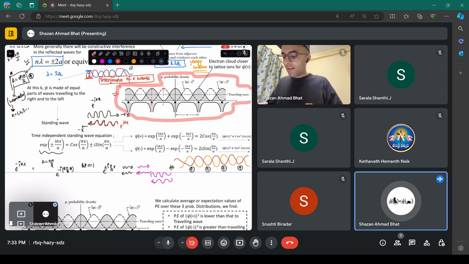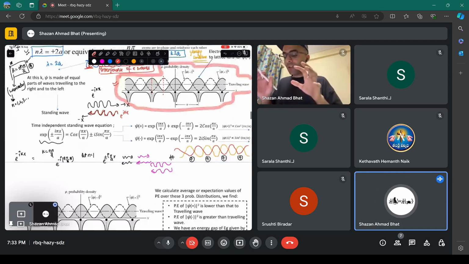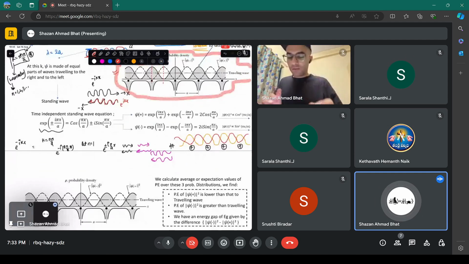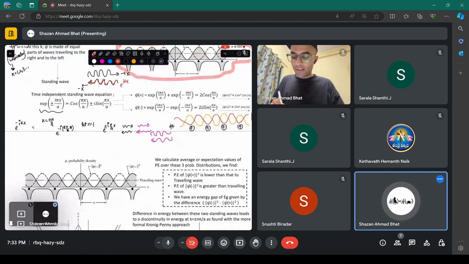Mathematically you can simply write them in terms of sine and cosine terms. Using Euler's identity, e to the power i theta is cos theta plus i sin theta. You can write that as cos of pi x by a plus or minus i sin of pi x by a.